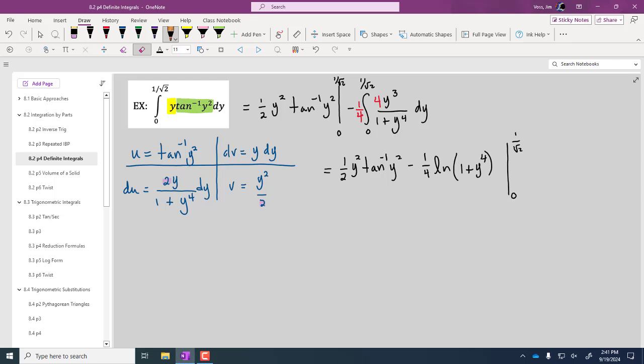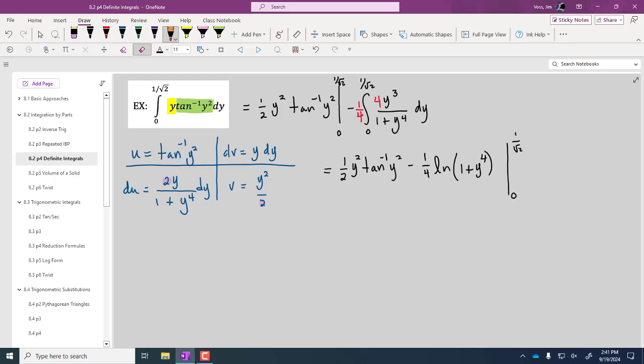I know that the inverse tangent is defined everywhere, and if you multiply by 0, you get 0 anyway. But inverse tangent of 0 is the angle on the right side of the unit circle with a tangent value of 0, which is 0 radians. So even if that y squared was not there, this is 0. Arctan of 0 is 0.